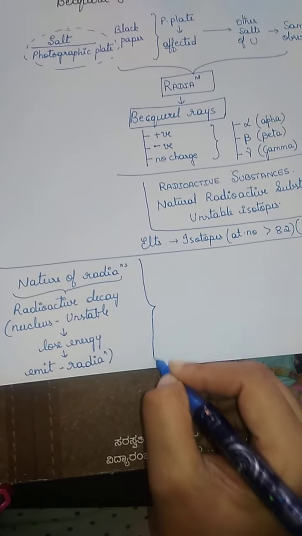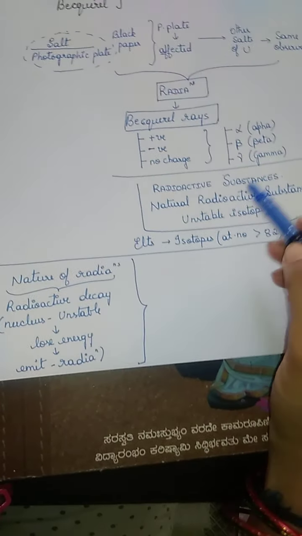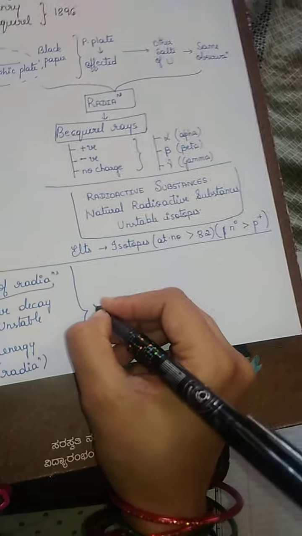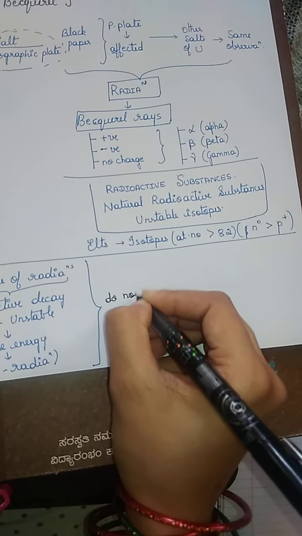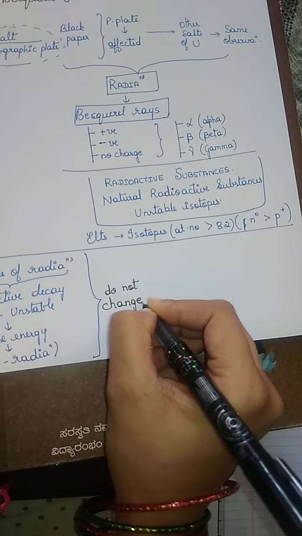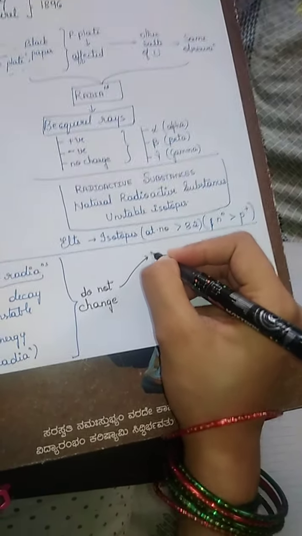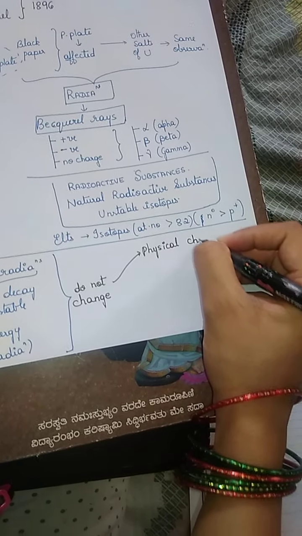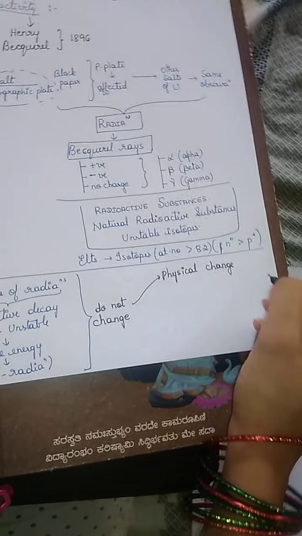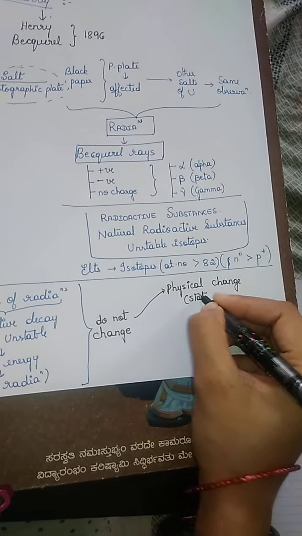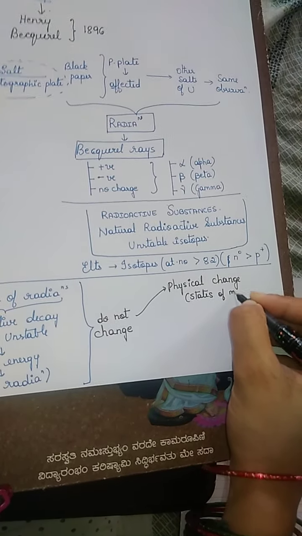So what about the nature of the radiations coming from the radioactive substances? Basically, they do not change the nature of the radiations, nor are they produced by any kind of physical change. As you know, physical change is nothing but the change of states of matter.